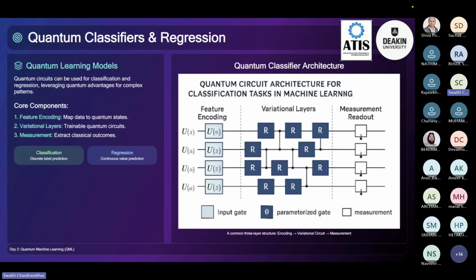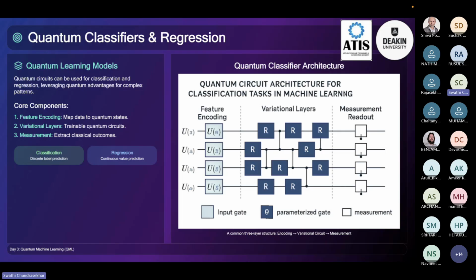For each house, we know the sale price, and we train the quantum machine learning model to predict that price. We can reuse almost the same structure: we encode the features into qubits, apply variational layers, like a QNN, and then we measure a qubit and take the expectation value of some operator, usually Pauli Z or something.